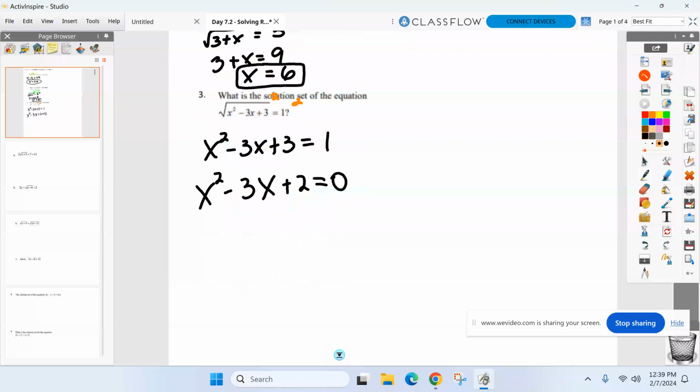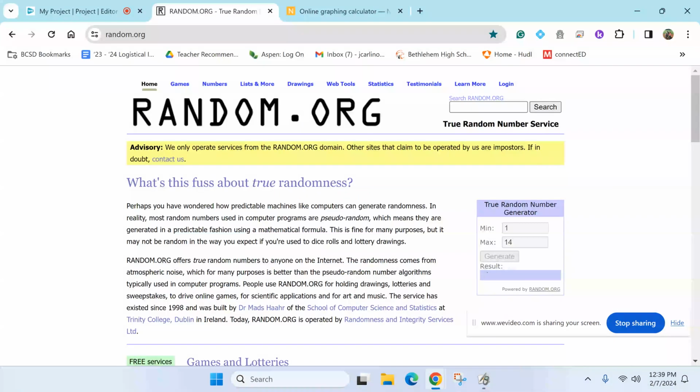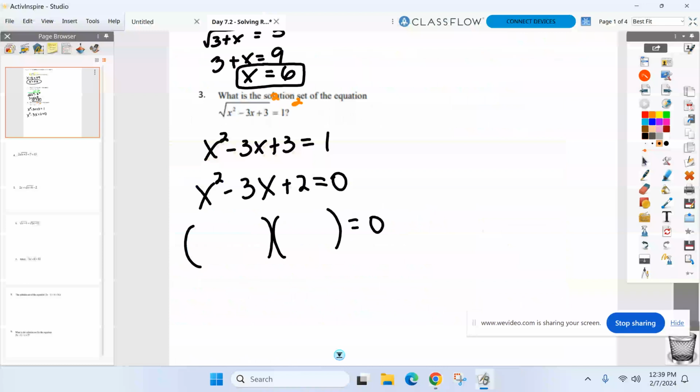All right, factor that for me. What are your two numbers when you have them? Grant, hello? X minus 2, x minus 1. Good work. And then maybe I get x equals 2 and x equals 1.